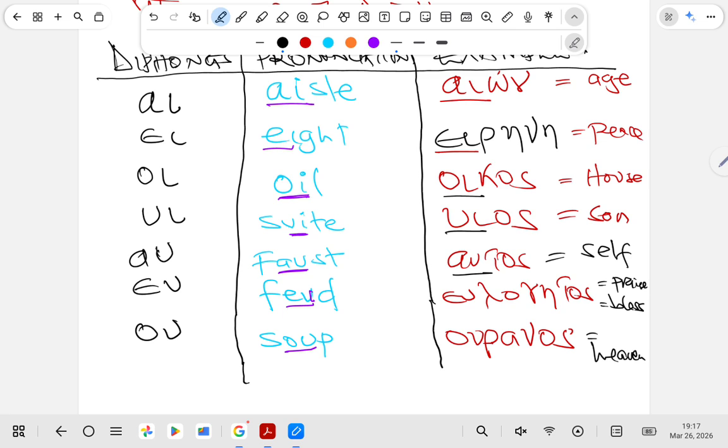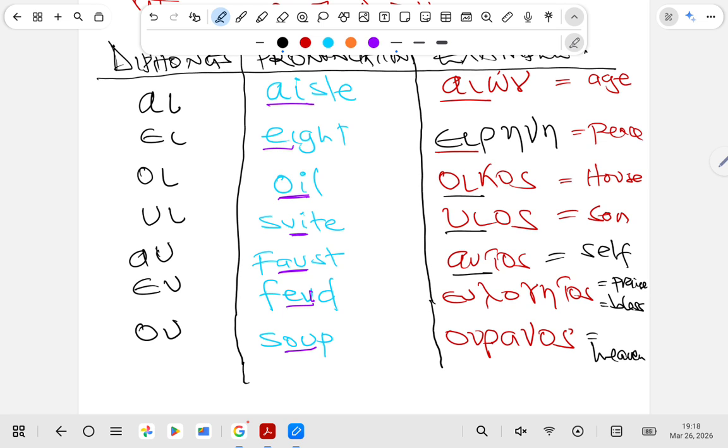Then understand these diphthongs and how the presence of a diphthong, 2 vowel letters put together to form 1 syllable, means the 2 sounds combined affect the pronunciation of the word. And we'll continue with the rest of our lessons as we progress.